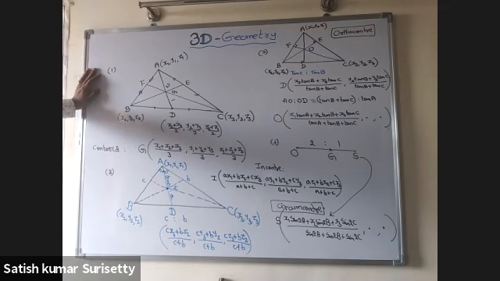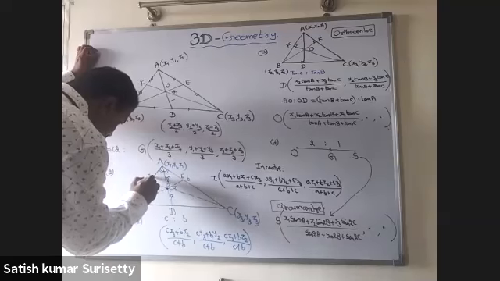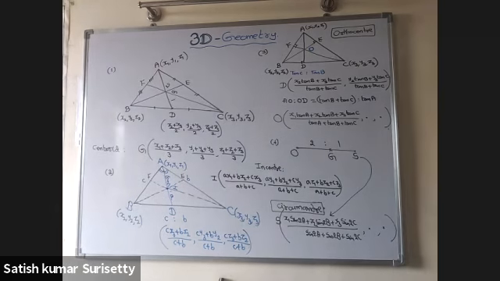Next, incenter. AD, BE and CF are the angle bisectors, and small a, small b and small c are the lengths of the sides BC, CA and AB respectively. The angle bisector AD divides BC in the ratio of c:b.